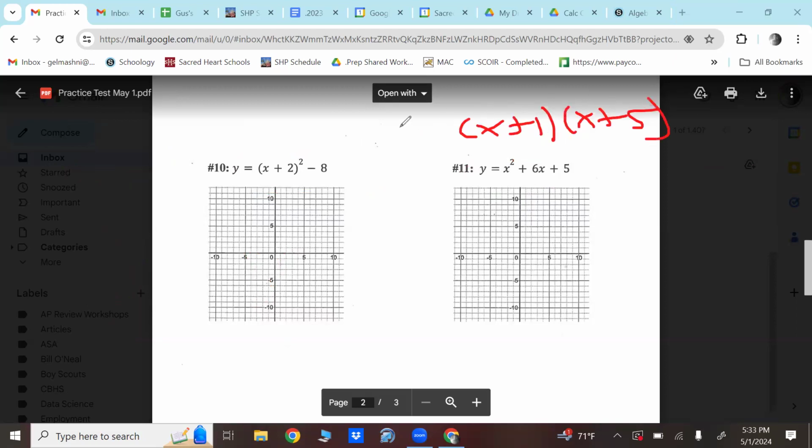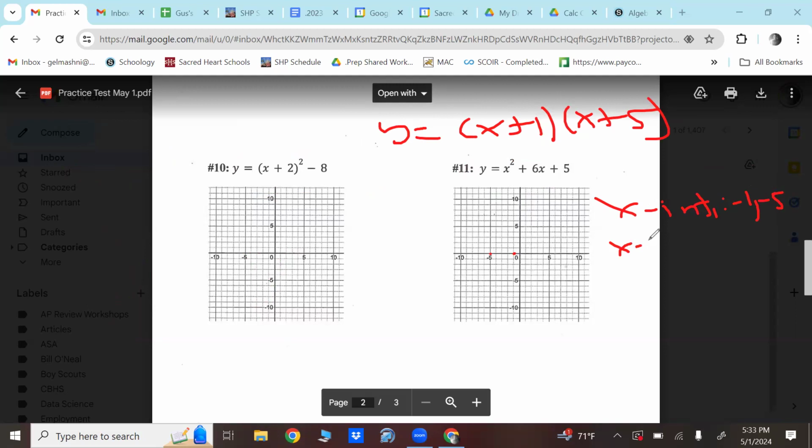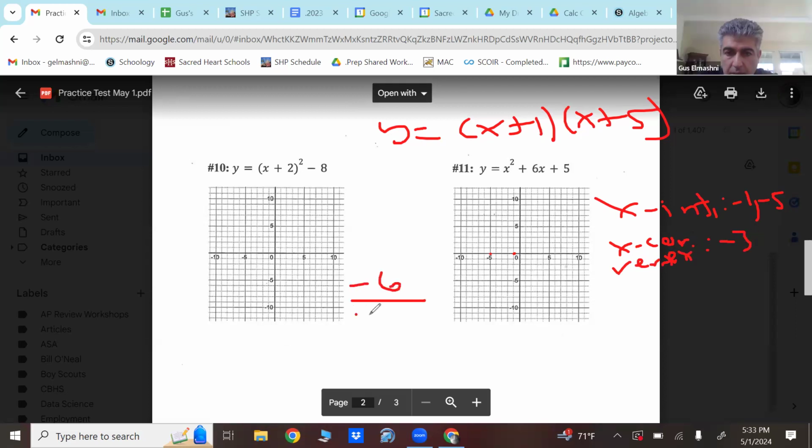If you could factor it, then what we want to do is, okay, what makes each of these factors zero, or what are my x-intercepts? So there is some fluidity of different techniques you can use. And then you have to go in between those two, which is -3. But I could also have done negative b over 2a and still get -3, same thing. And then if I plug in -3, I should get -4.